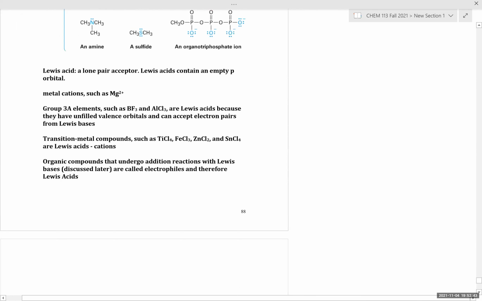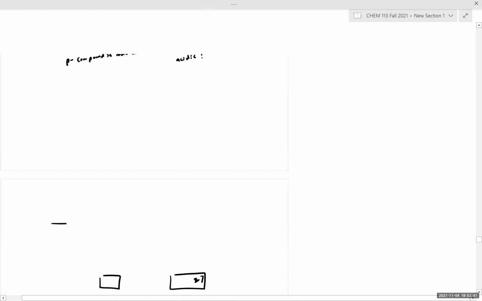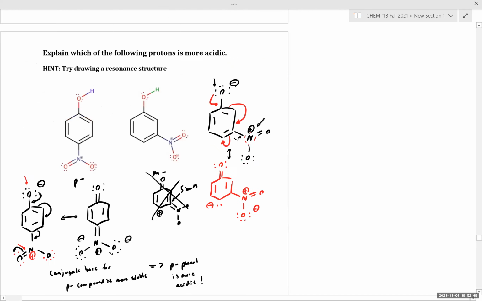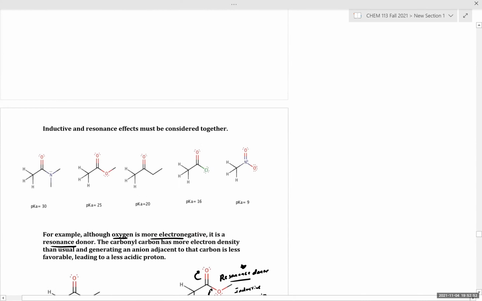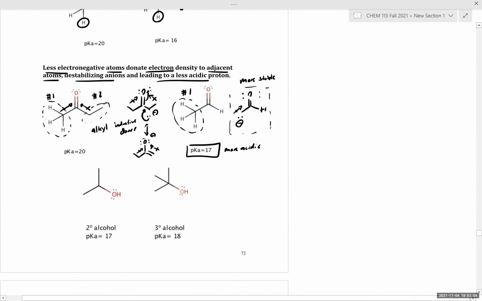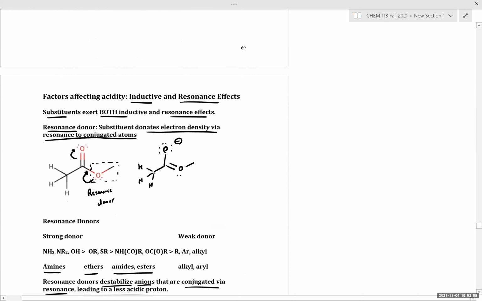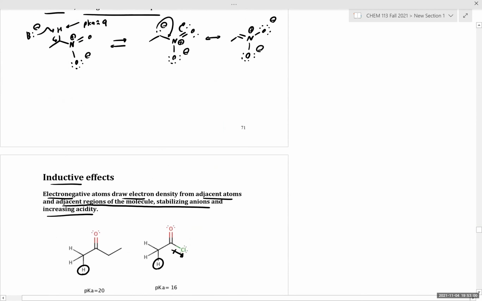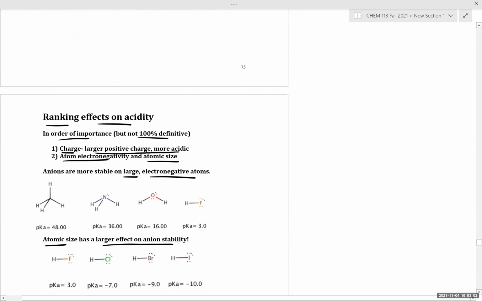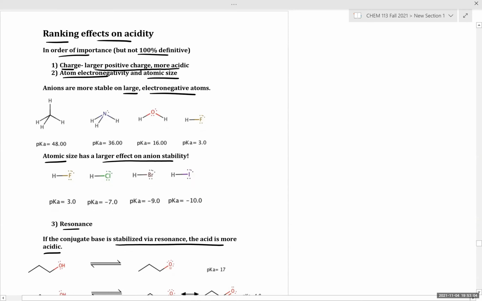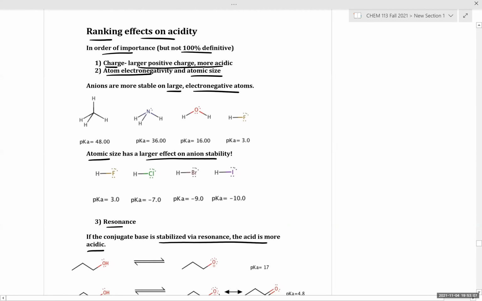Allow me one moment to find it. I think we also did examples of this in the homework, but here's the section on ranking effects on acidity.